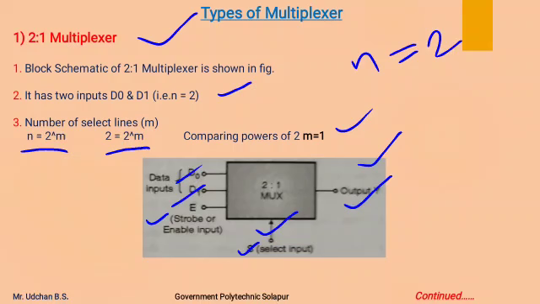So before operating the multiplexer, we have to provide an enable input signal so that it can operate as per its functional behavior.